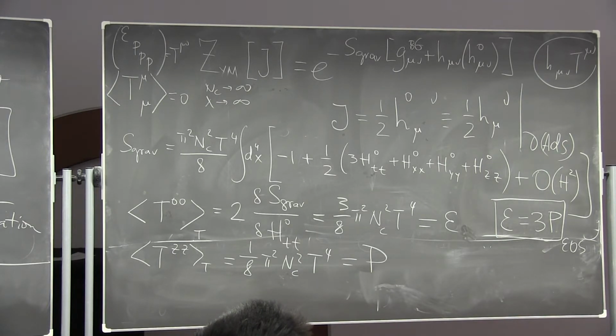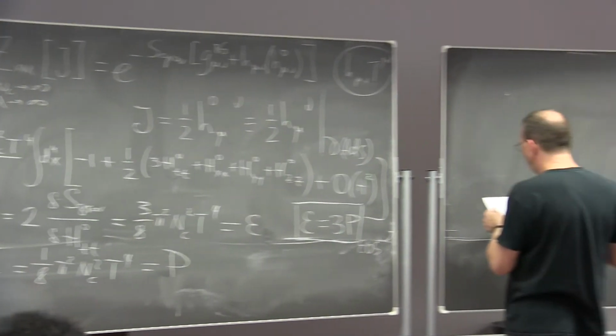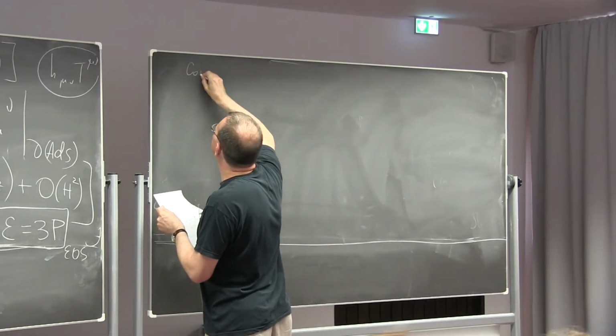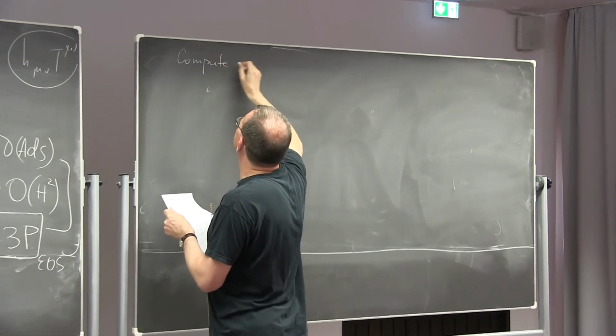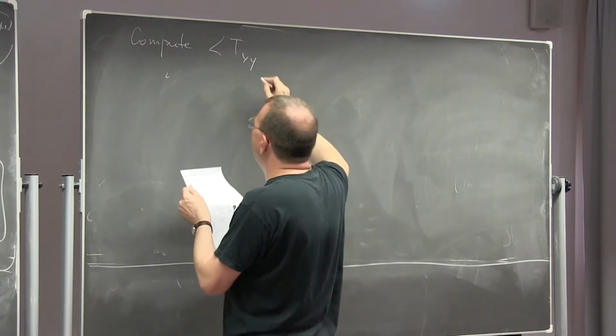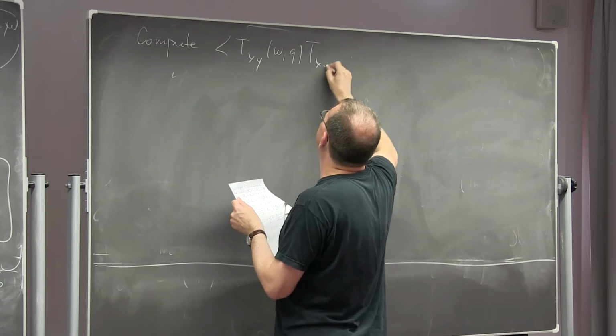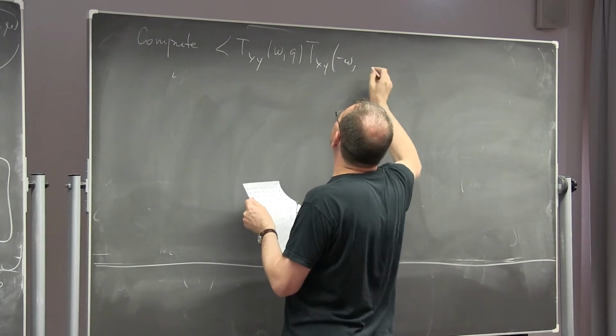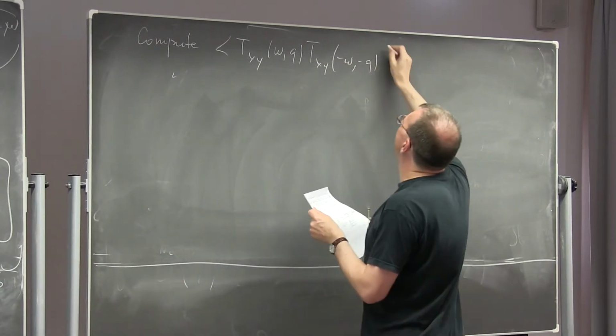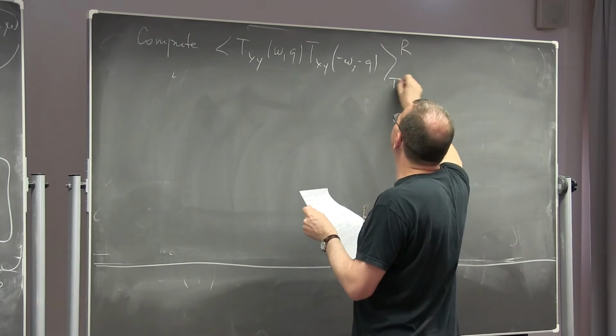And moreover, let's compute the two-point function of T xy, the one we so care about. So to do that, compute T xy in momentum space, omega q, T xy minus omega minus q, retarded, at finite temperature in equilibrium.